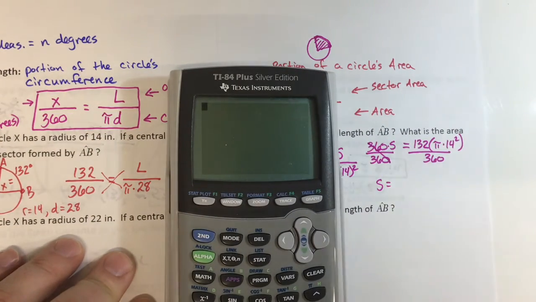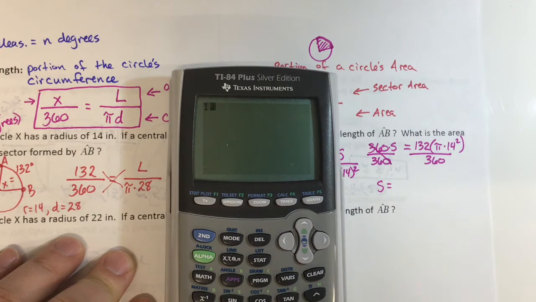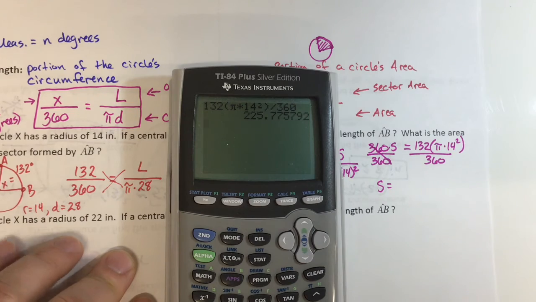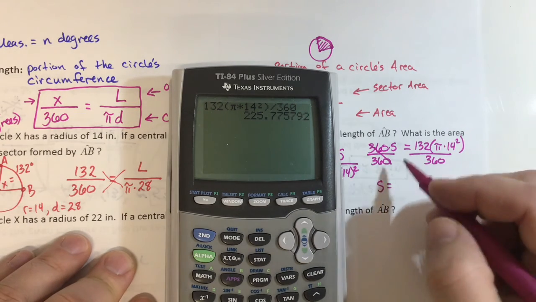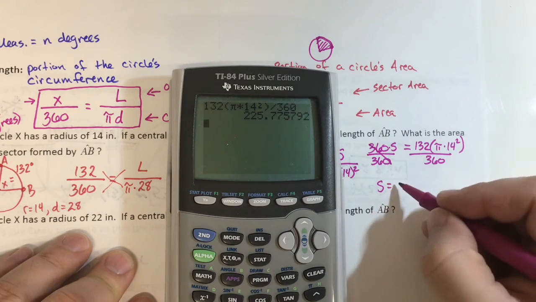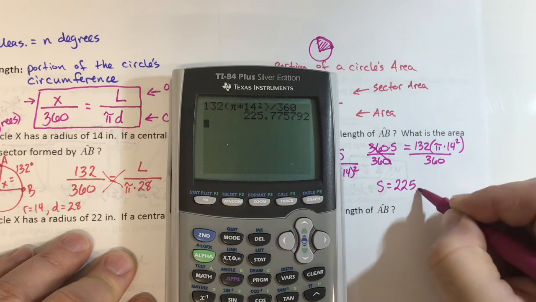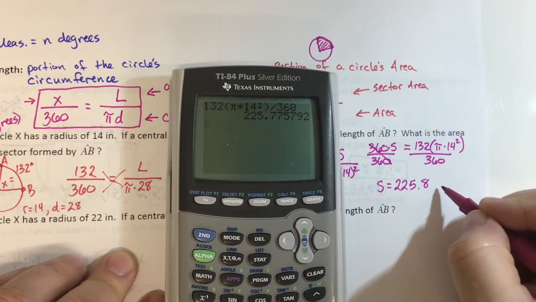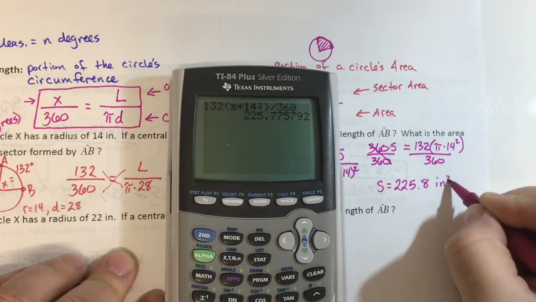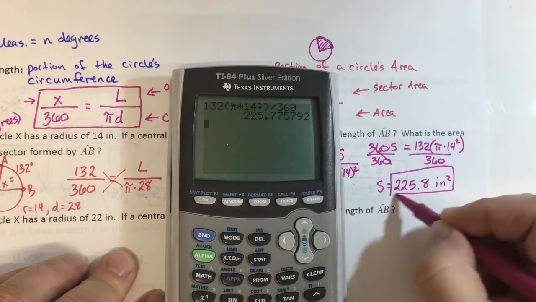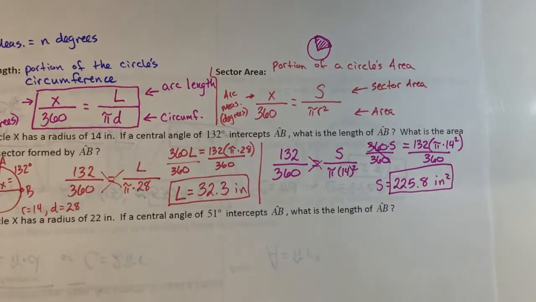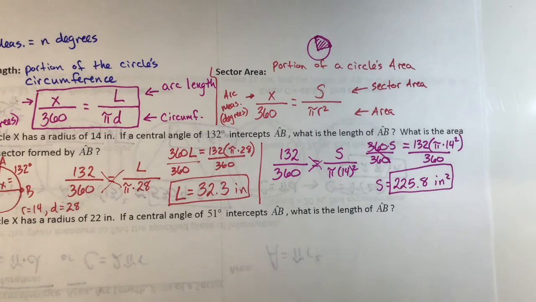We're going to start off with the top of that fraction, 132 parentheses pi times 14 squared, parentheses, divided by 360. And we get that our sector area is about 225.8 square inches. It's area, so it's in a square unit measurement. And that's how we find sector area and arc length.